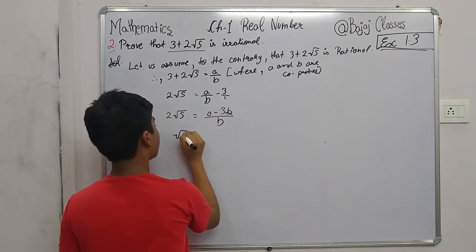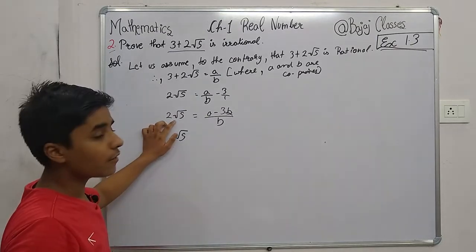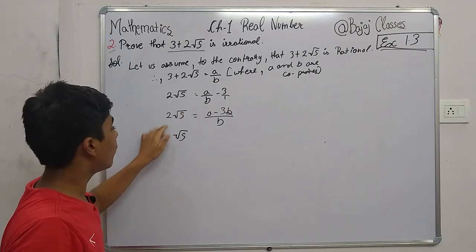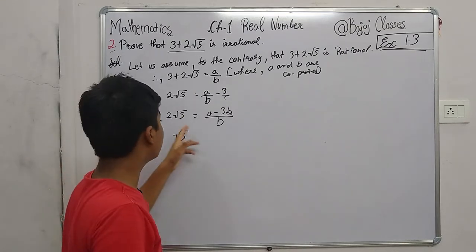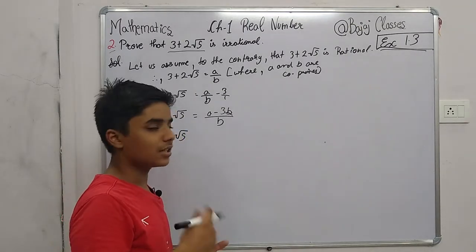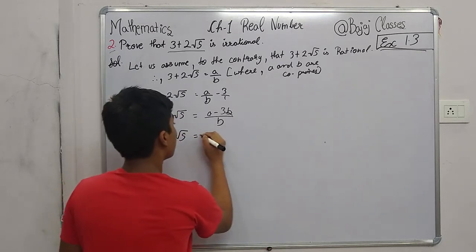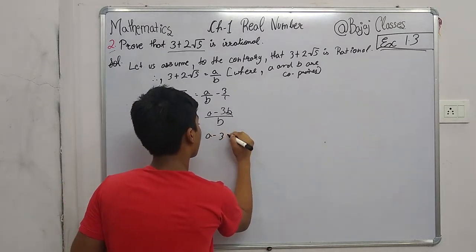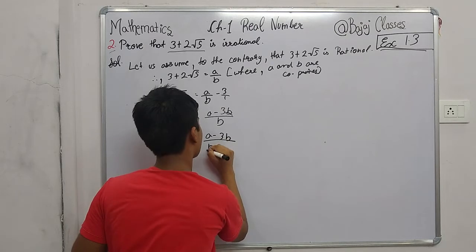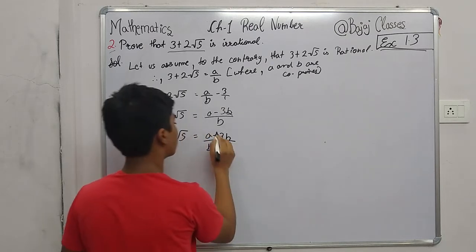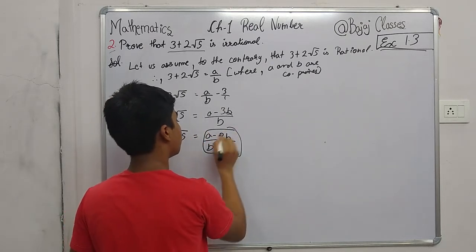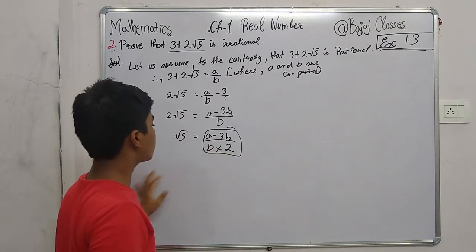Now this 2 is multiplied with under root 5. If we take this to the right hand side, then it will convert to dividing. So a minus 3b by b into 2 equals under root 5.